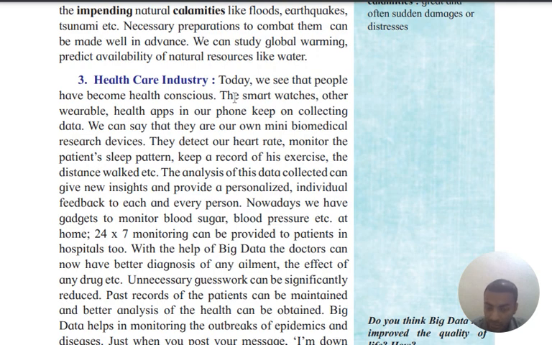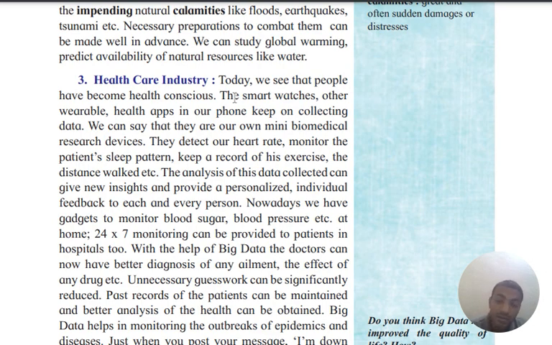The smart watches and other wearable health apps in our phone keep on collecting data. There are certain gadgets that came for health; smartwatches and phones keep collecting data from our body. We can say they are our own mini biomedical research devices.